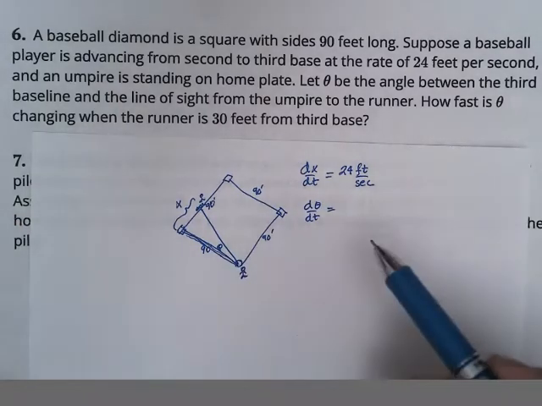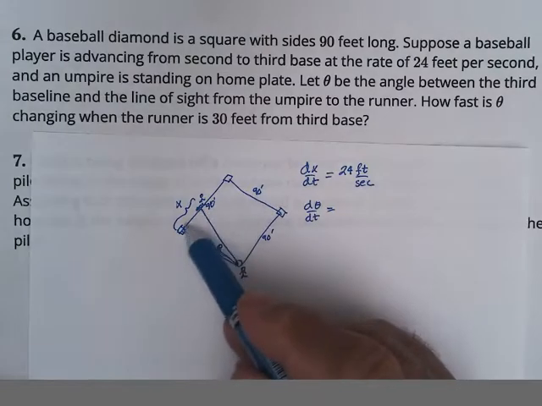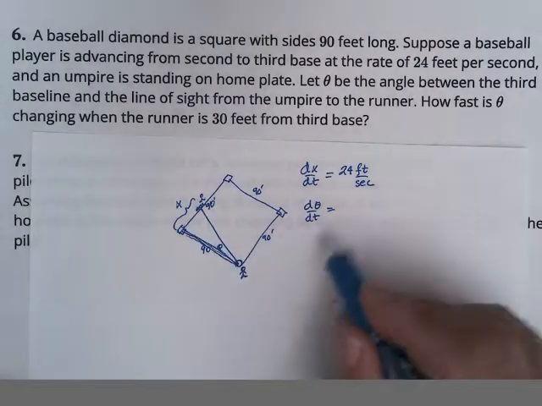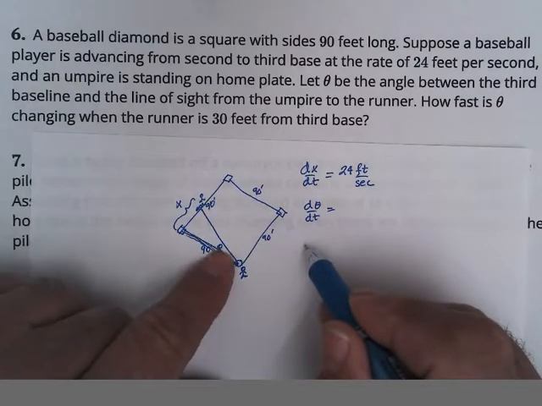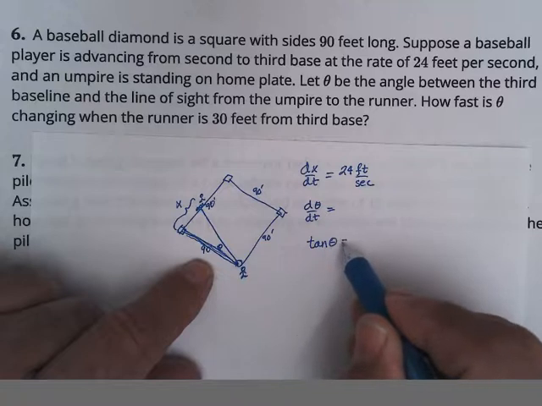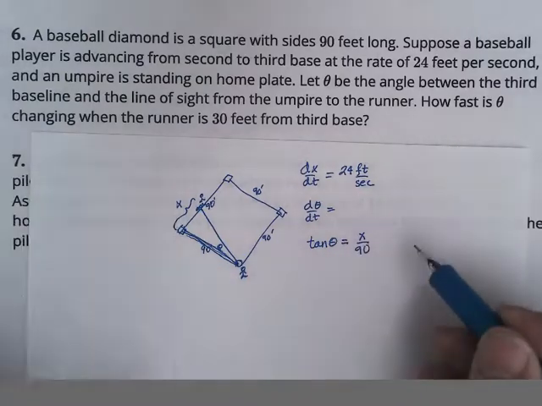So we need a relationship between x and theta. X is here, this is 90, this is theta. So I believe the opposite over the adjacent, the tangent of theta, would be x divided by 90.